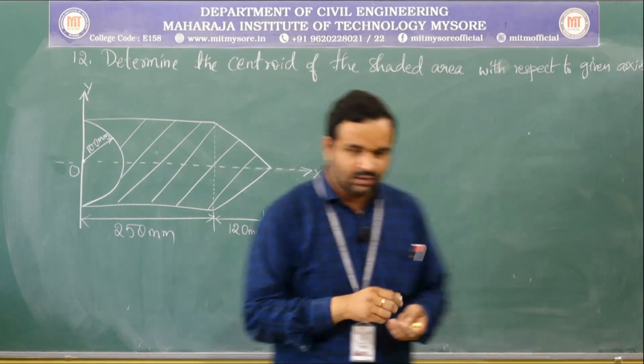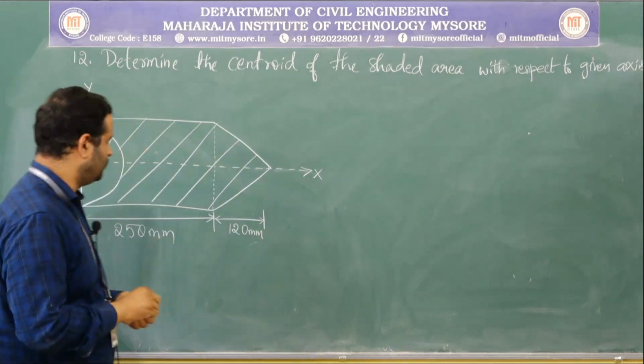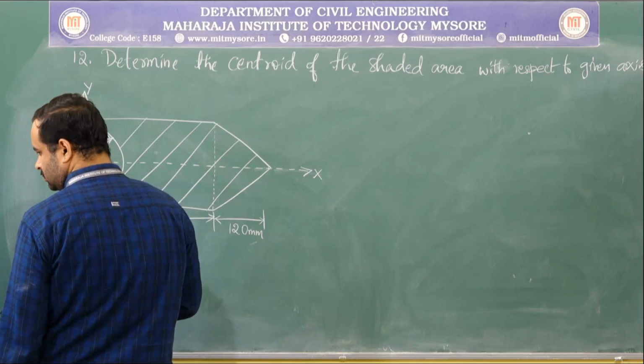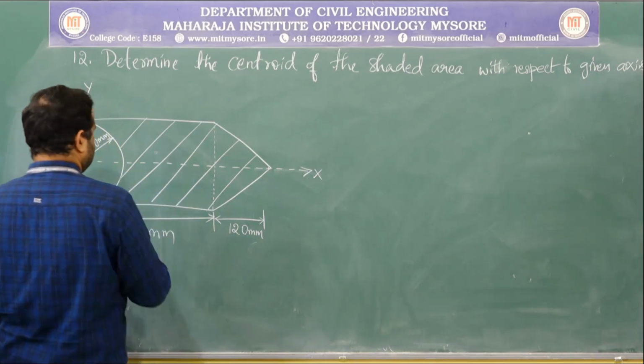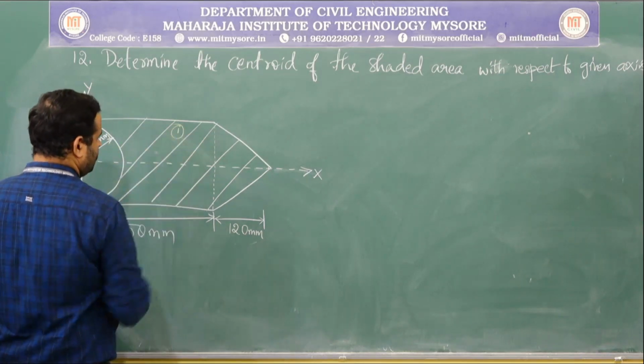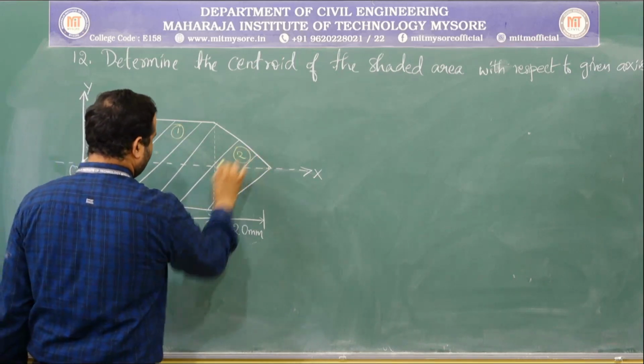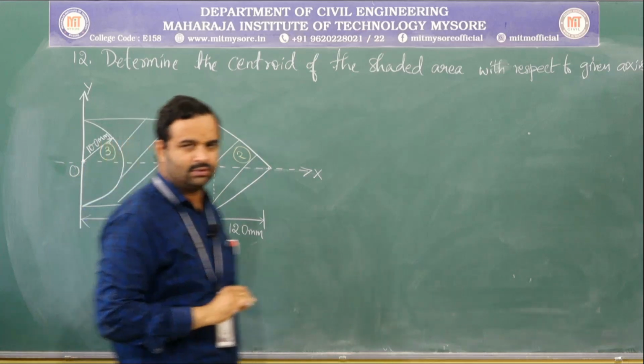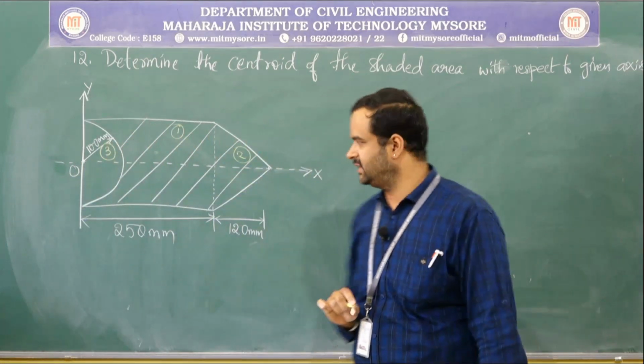Now, we shall name these components. Let this rectangle be component 1, the triangle be component 2, and the semicircle which has to be removed shall be named component 3.